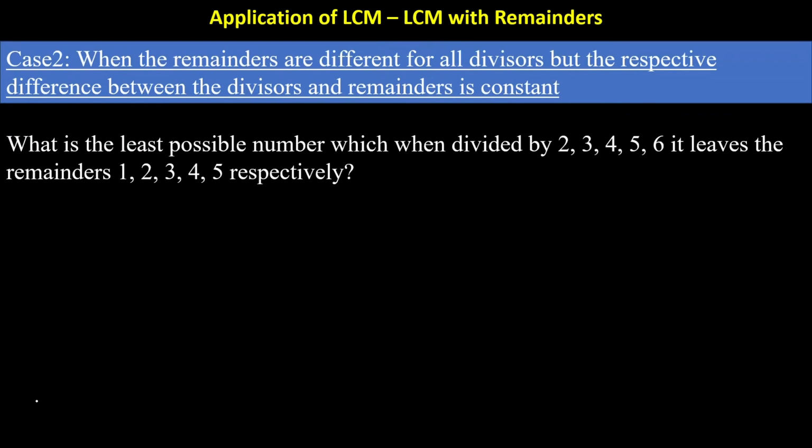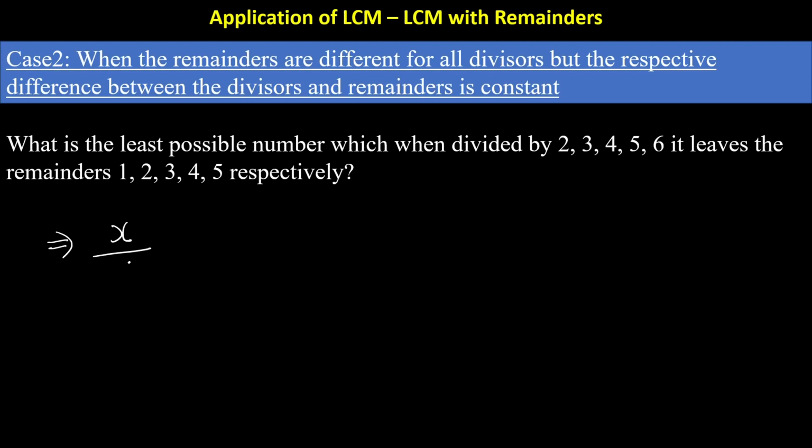Now let's see case 2. The remainders are different for all divisors, but the respective difference between the divisors and remainders is constant. Let us say there is one number x. What is the question here? We need to find the least possible number which, when we divide with 2, 3, 4, 5, 6, leaves the remainders 1, 2, 3, 4, 5 respectively.